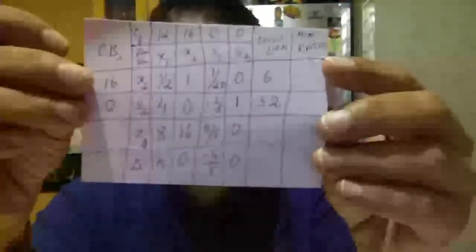So, we were on this, right? Now, you have to see the coefficients of x2 and x1: half, 1, 0 and 4. So 4 is the largest value, so that becomes the key column, not key row.